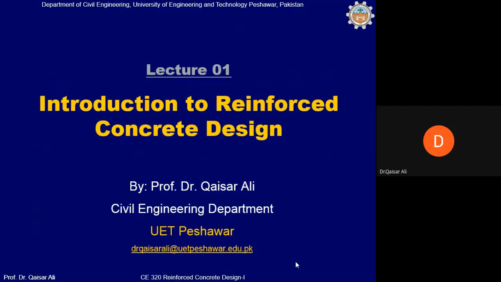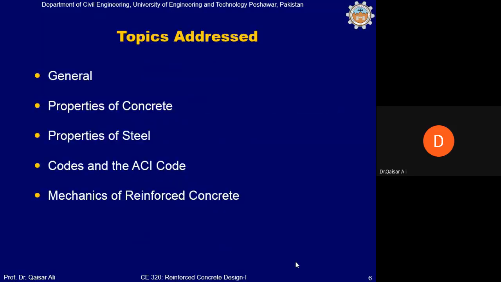Now, coming to today's topic, it is Introduction to Reinforced Concrete Design, because the course will be introduced today. Something general about the course: why are we studying the properties of concrete and steel? As I said earlier, if you do not know what the properties of concrete and steel are, you will not be able to realize the importance of this course.